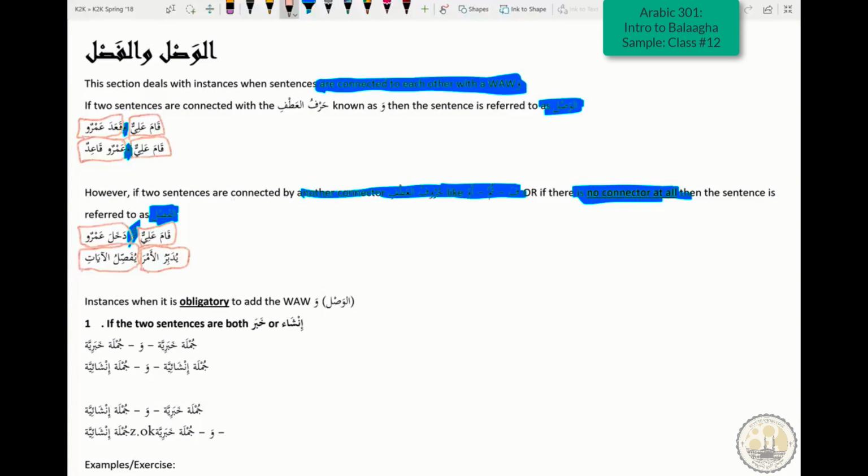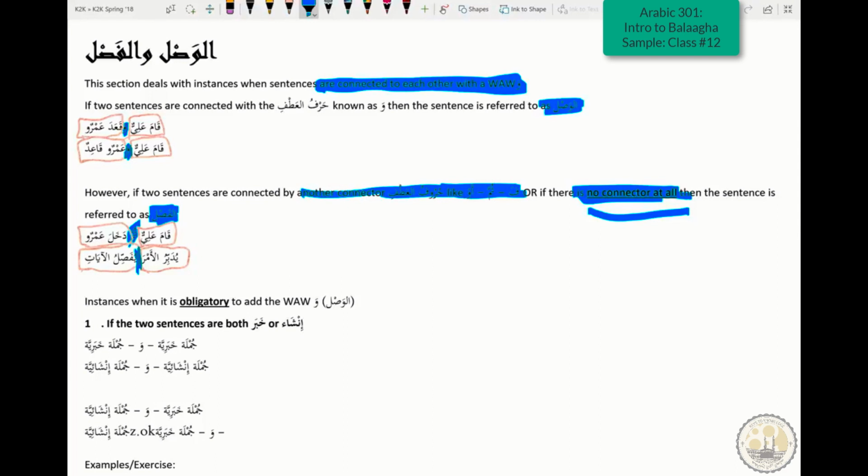But notice there's nothing in between these two sentences. This is an example of when there's no connector at all. This is another example of a sentence being al-fasl. So sentences known as al-fasl can be one of two things: either there's a harf atf other than waw between two sentences, or there's no connector whatsoever.